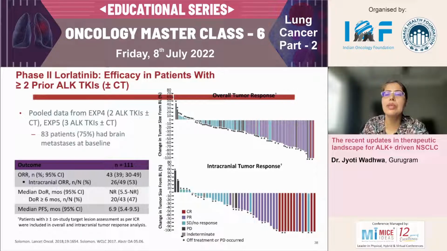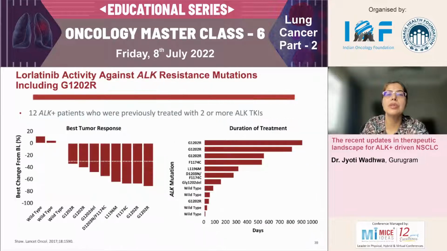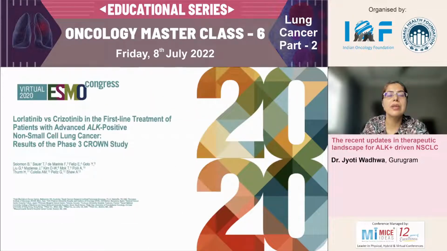And it seemed to result in very meaningful and significantly high overall and intracranial tumor responses. It was also found to be effective in ALK resistance mutations, especially the typical resistant one being G122R, wherein lorlatinib is the only one which was found to be effective.